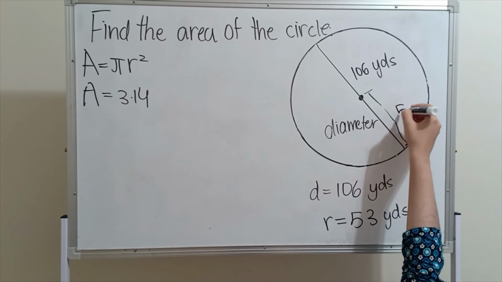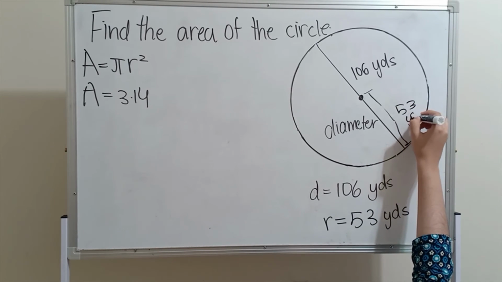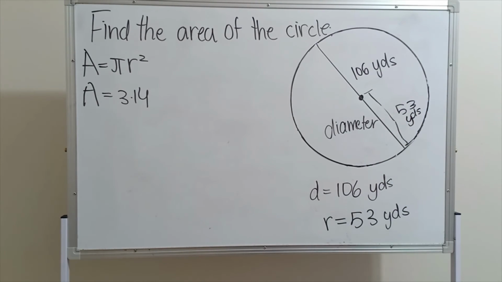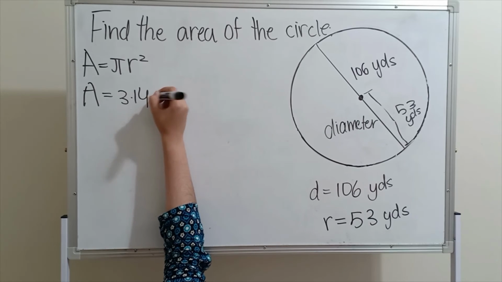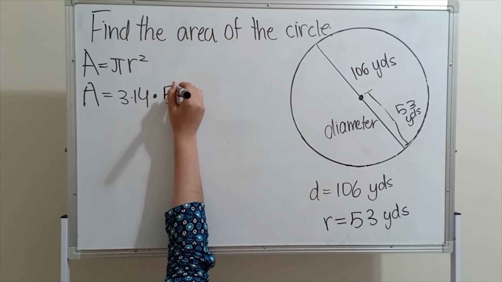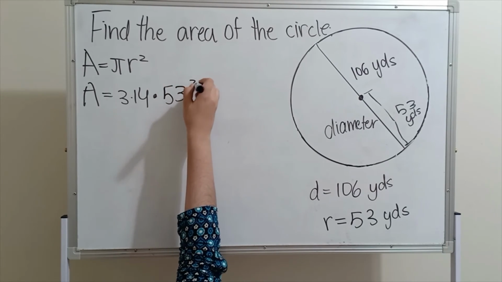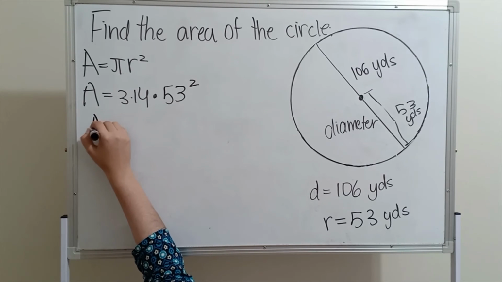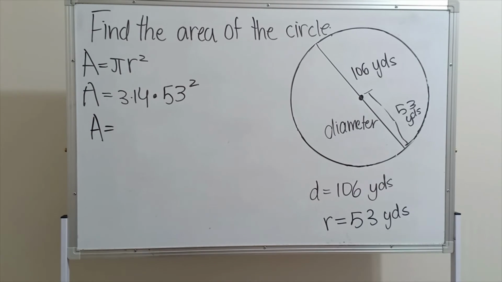It's going to be 53 yards. Now, since we know the radius, we can plug that value in. 3.14 times 53 squared.